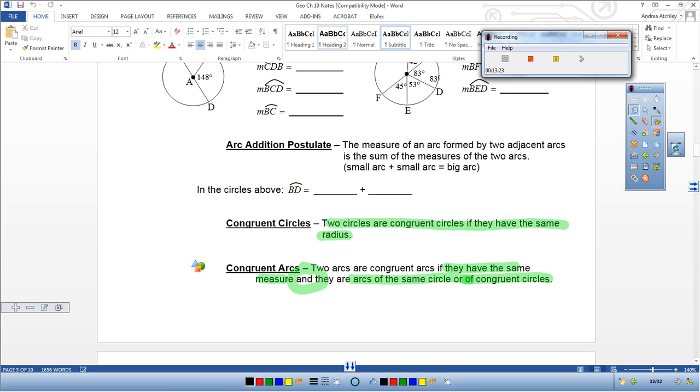That means if I had two different circles, like here's a circle, and then here's a circle.